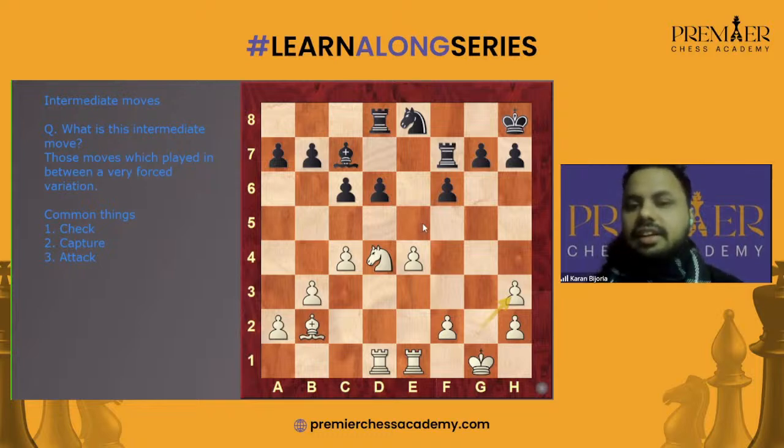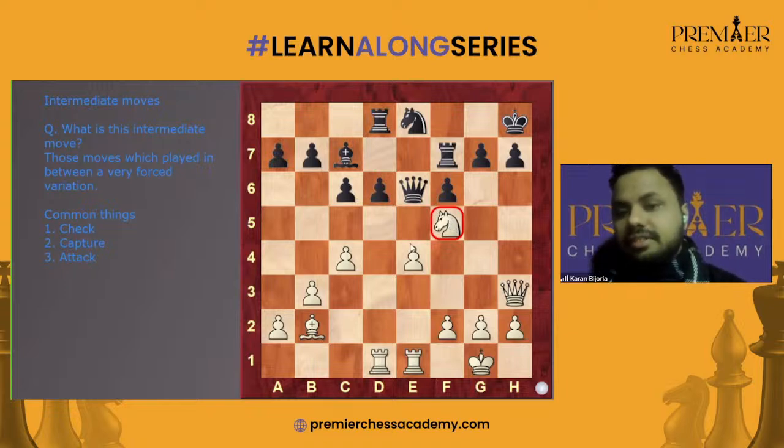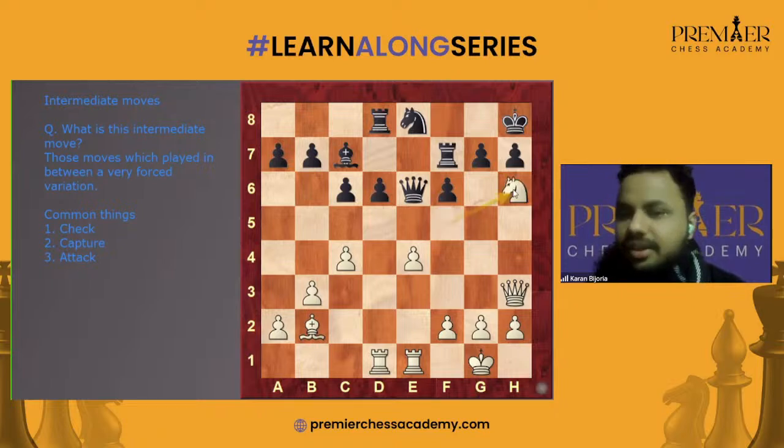Okay, let's go back a little bit. Is there any other move which we can play? We can play knight to h6, right? This is a little bit tricky move. Why?